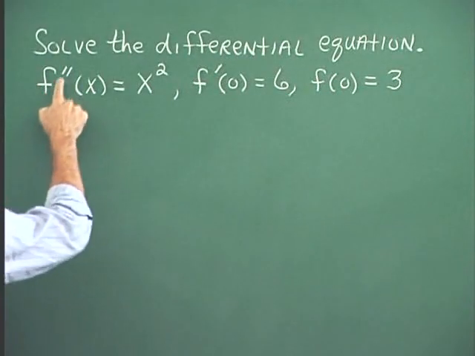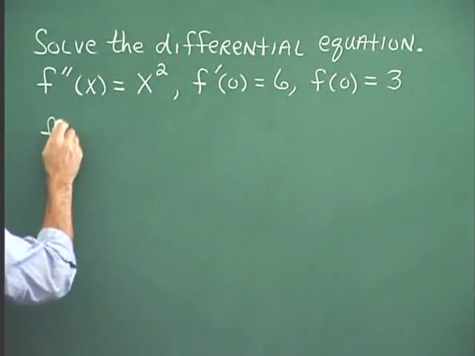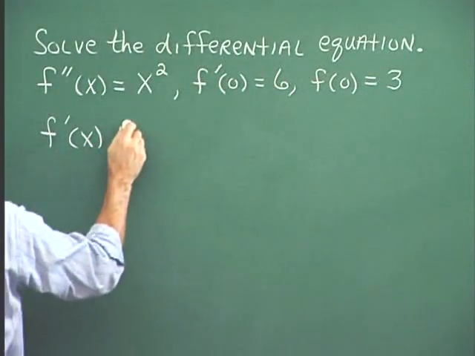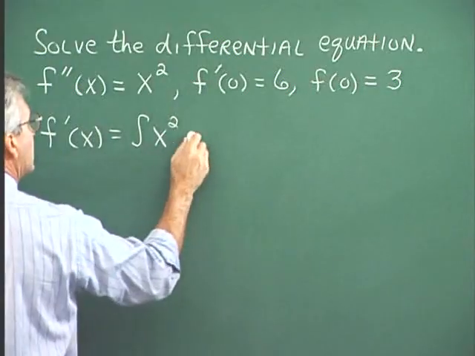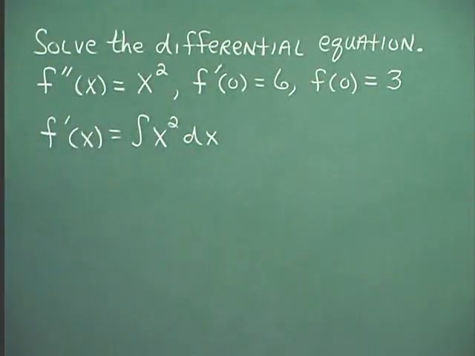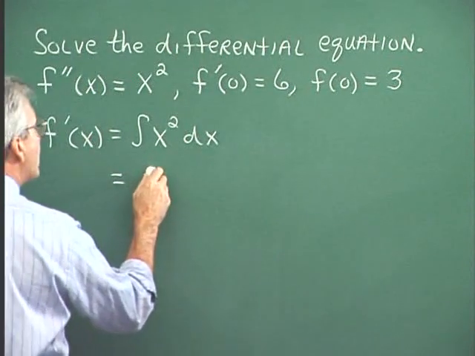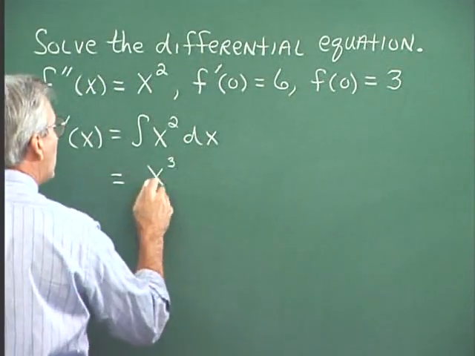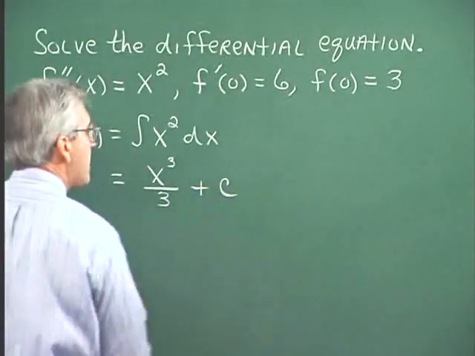Okay, so if f double prime of x is x squared, then f prime of x is the integral of x squared dx. And now, to integrate, we know that this is x cubed over 3 plus c.